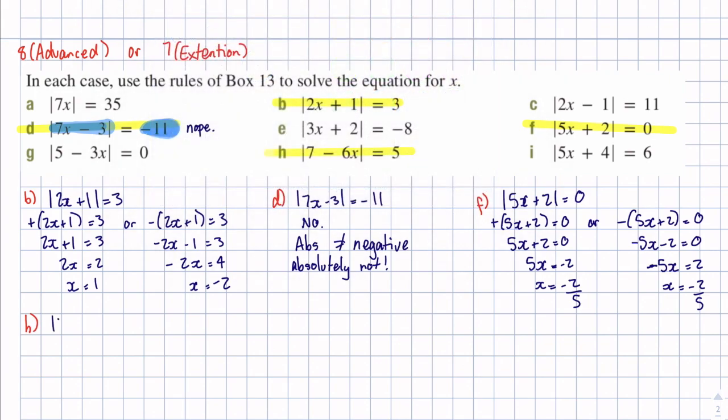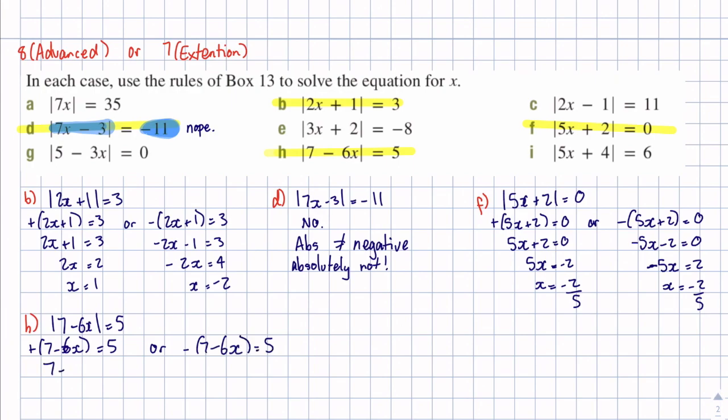And then we've got the absolute value of 7 take 6x equals 5. So that could be positive 7 take 6x equals 5, or negative 7 take 6x equals 5.